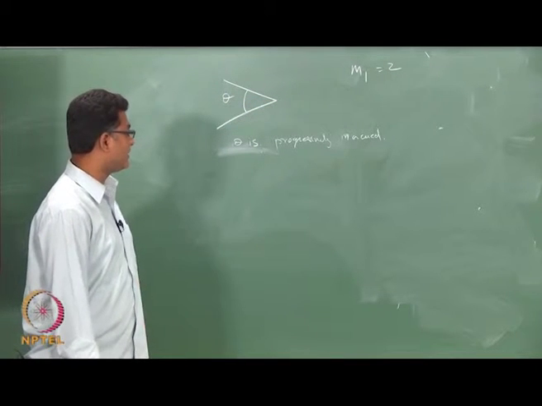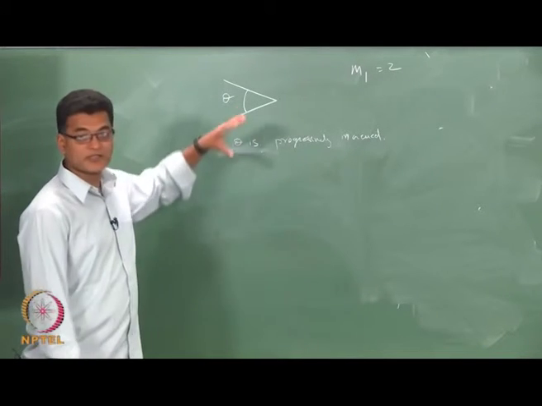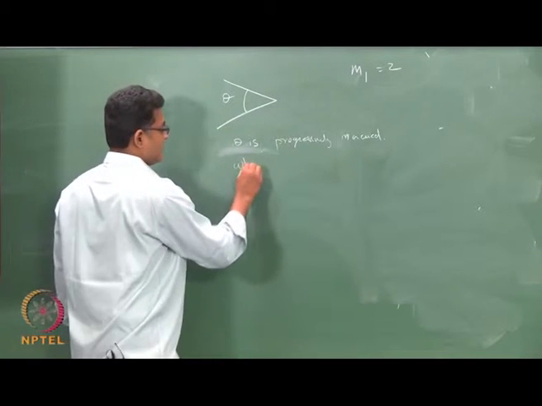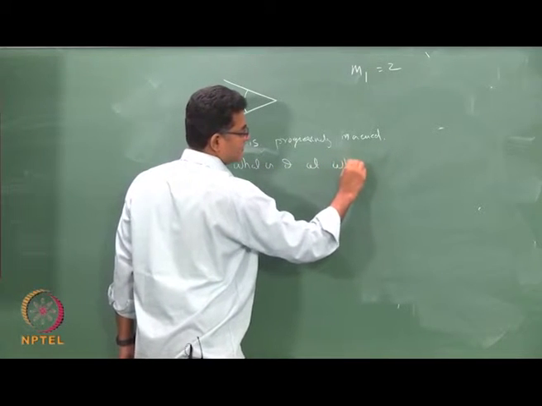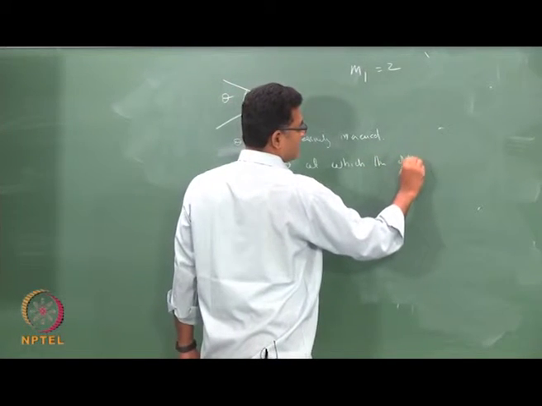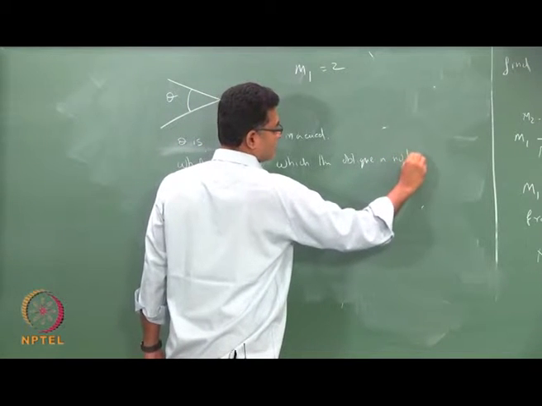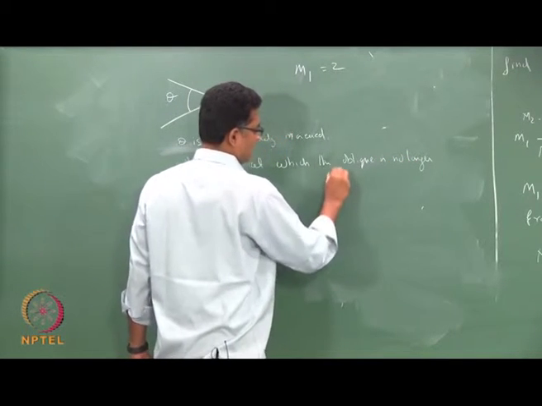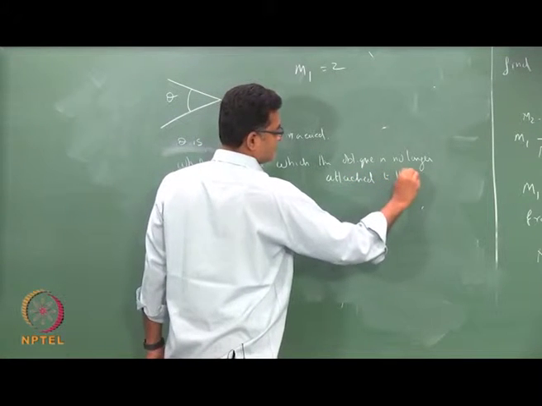Okay. So, it is a steady solution that we are looking at. So, theta is progressively increased. So, what is the theta at which the oblique shock is no longer attached to the wedge?